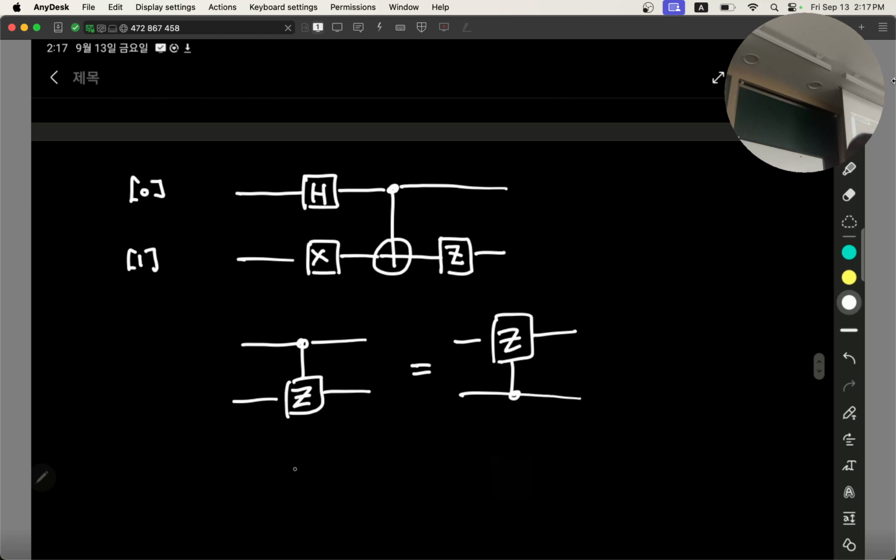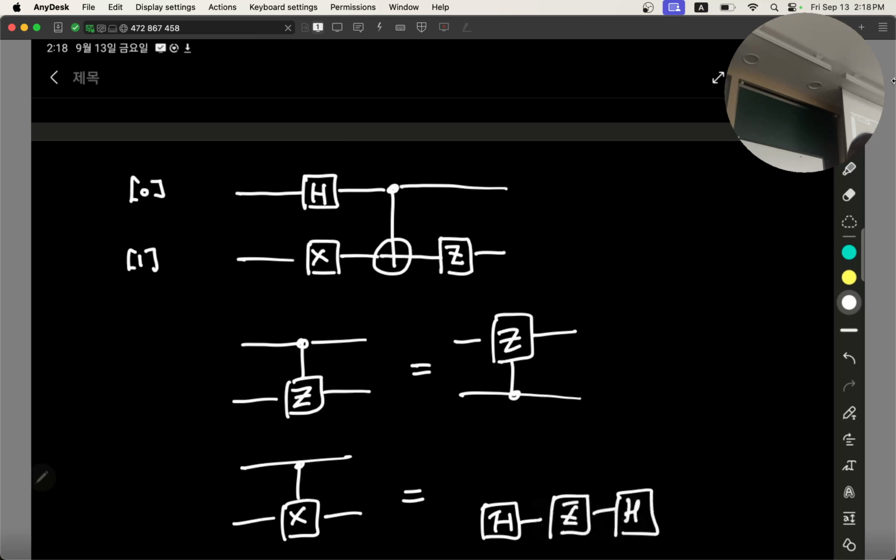And for example, if you take this one, it's same as Hadamard, Z. Well, that's just one example. There are many variations to this, this one, and so on. So we're going to talk about this composed quantum circuit, equivalence of quantum circuits and quantum measurement and so on.